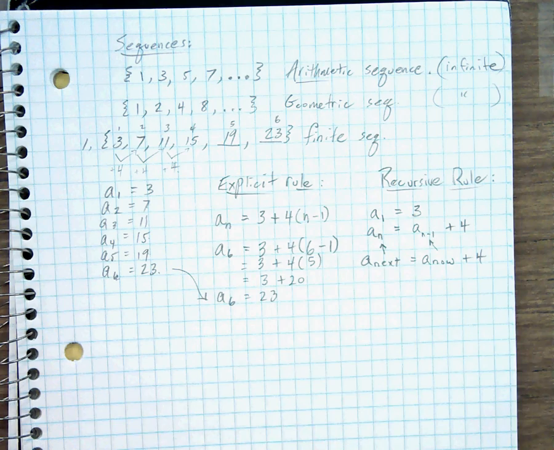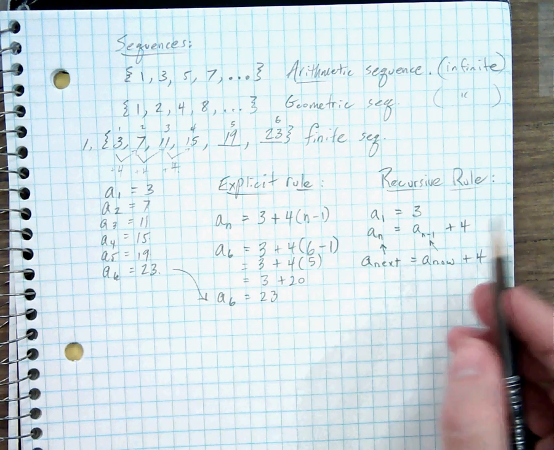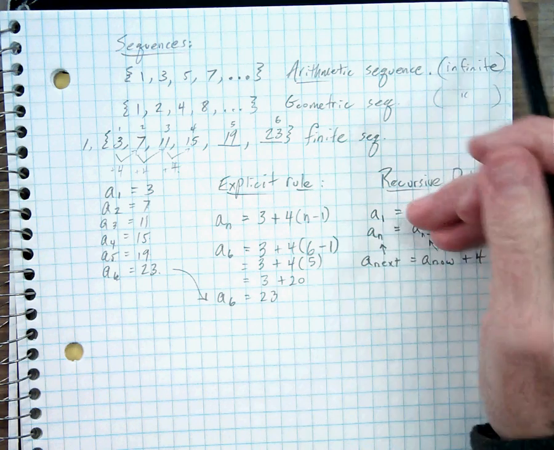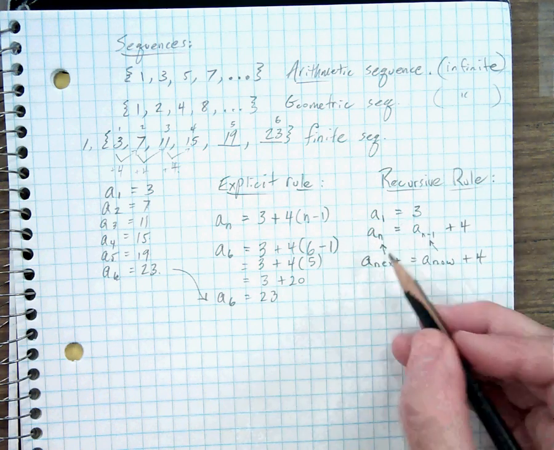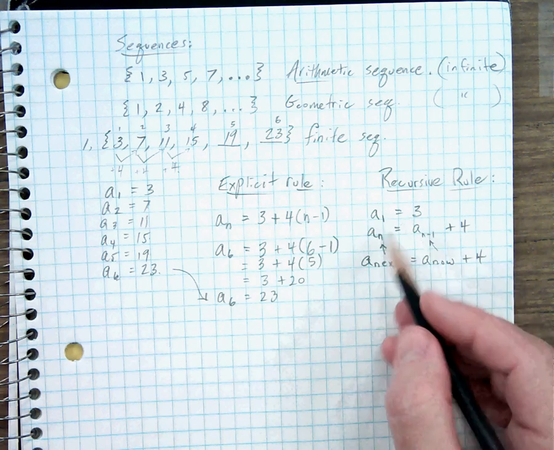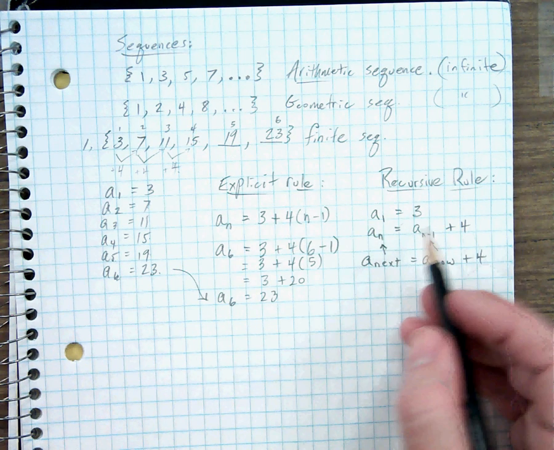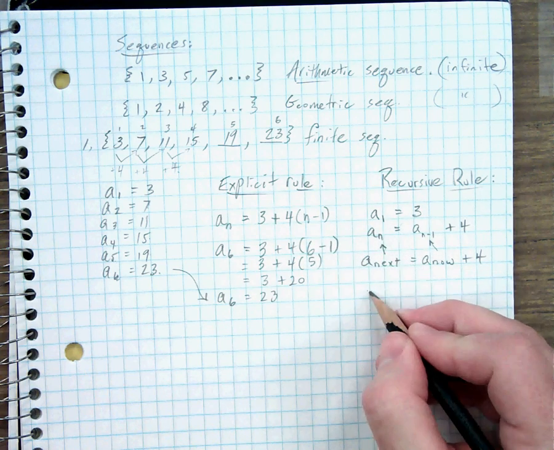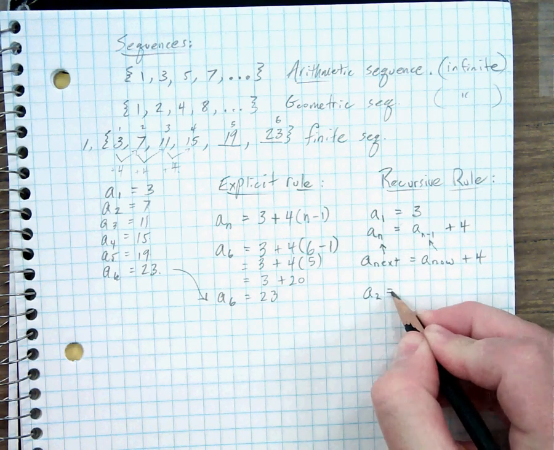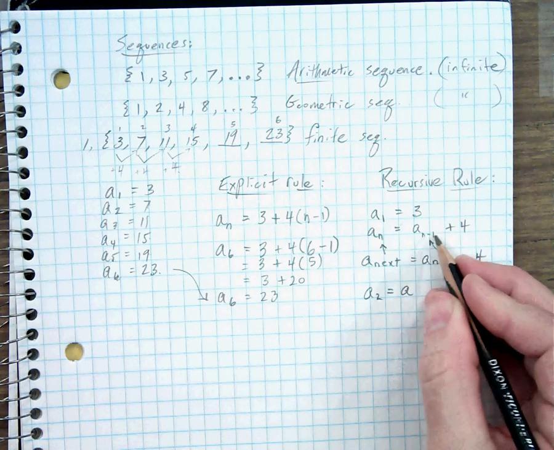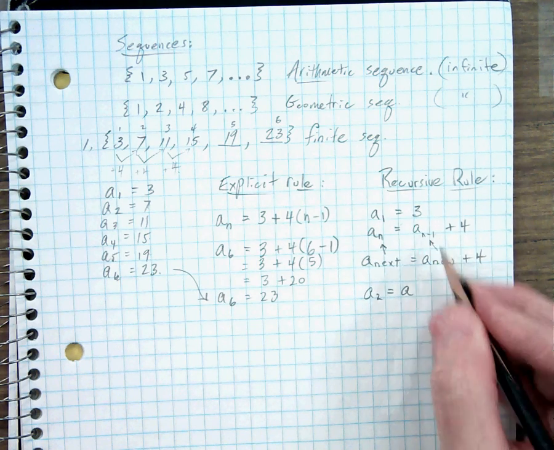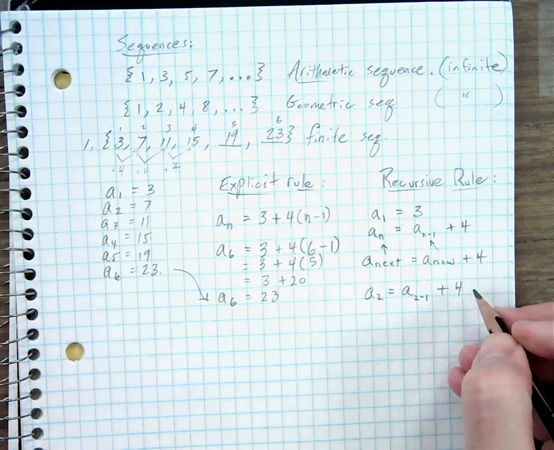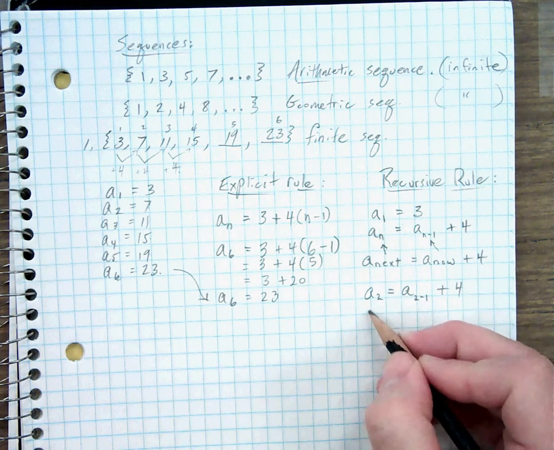Does it work? We can check it. But in order to check it, you have to step up from 1. So basically, let's say I want to know the 2nd number. Well, I'm going to replace n with 2. So a sub 2 equals a sub n minus 1 plus 4, remember, n is 2, so that's a sub 2 minus 1 plus 4. What does that mean?